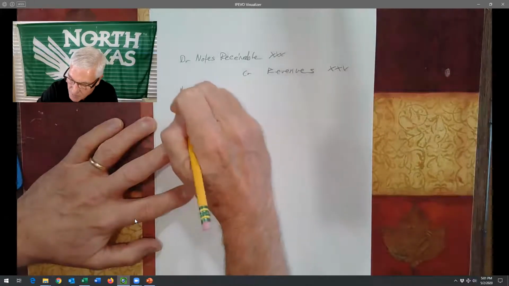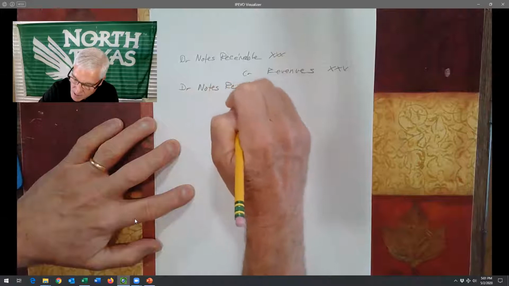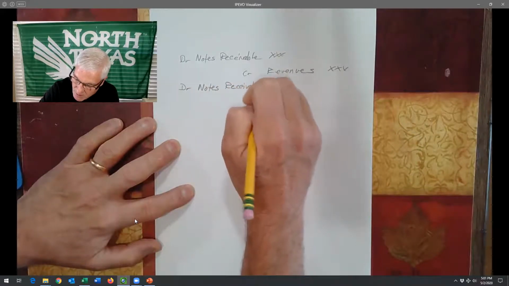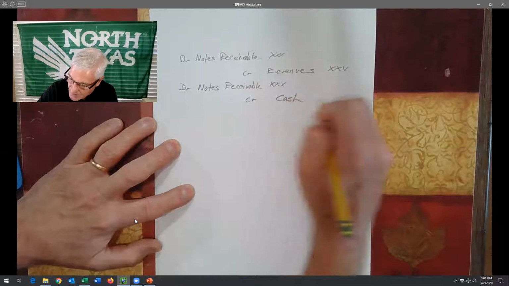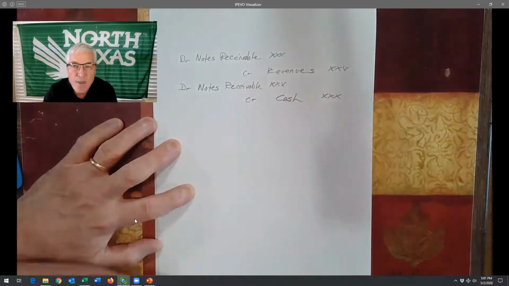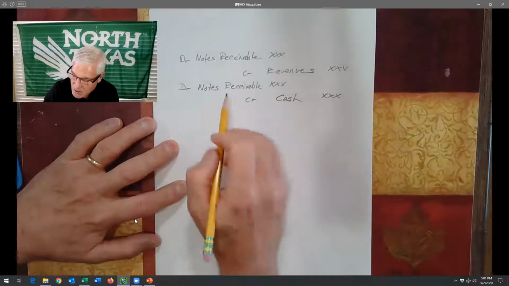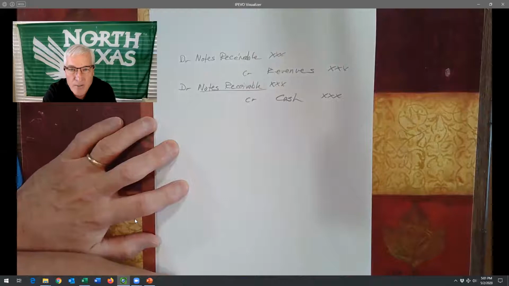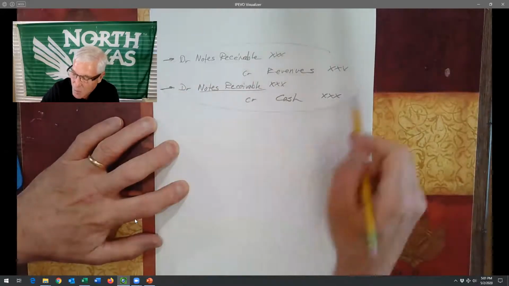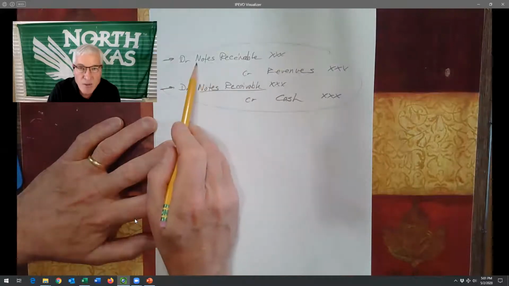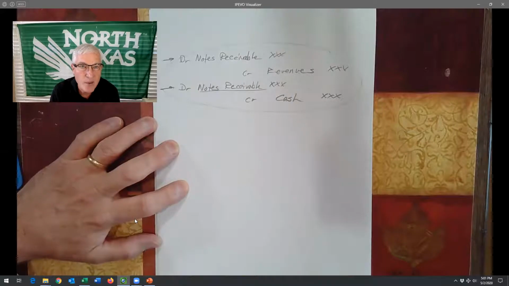Now let's assume we loaned money to someone else. We would still debit notes receivable and credit cash. In other words, we gave them cash, so we credit our cash and debit notes receivable. They will pay us later. So either way, call this entry number one: we debit notes receivable, and we credit either revenues or cash.